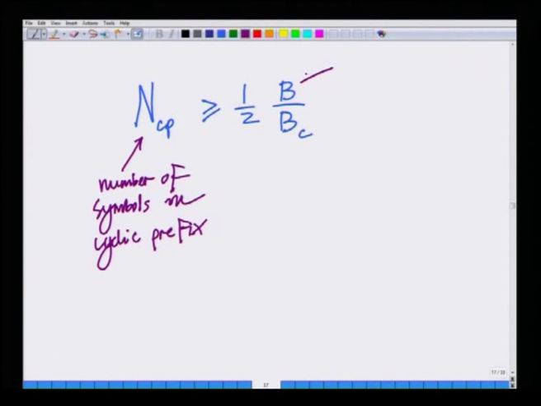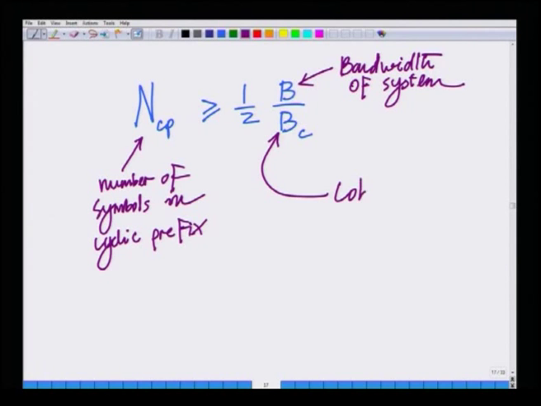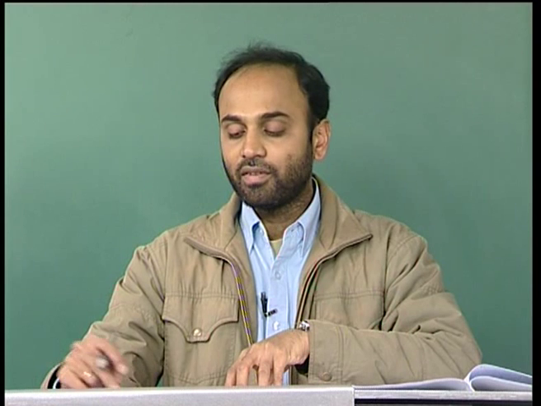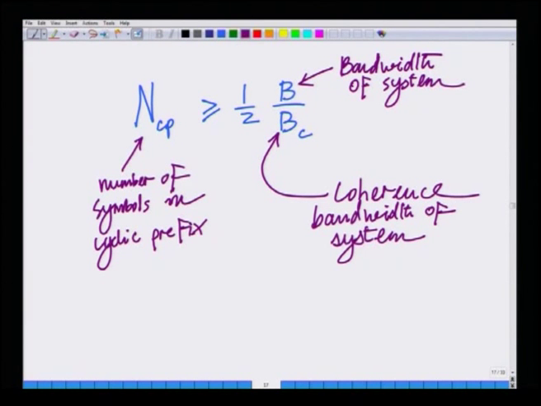This is the number of symbols in the cyclic prefix. This is the bandwidth of the system, and this is the coherence bandwidth of the system. So, we are saying, to avoid intersymbol interference, the number of symbols in the cyclic prefix has to be greater than half B over Bc.